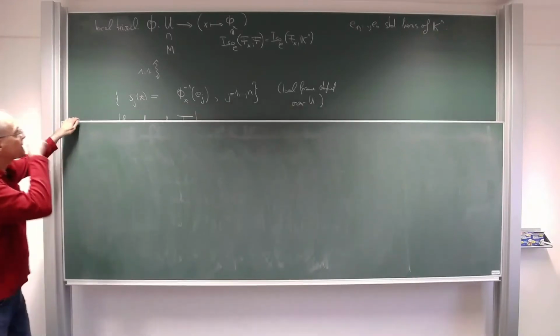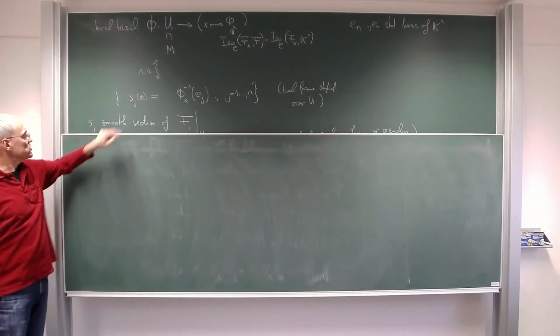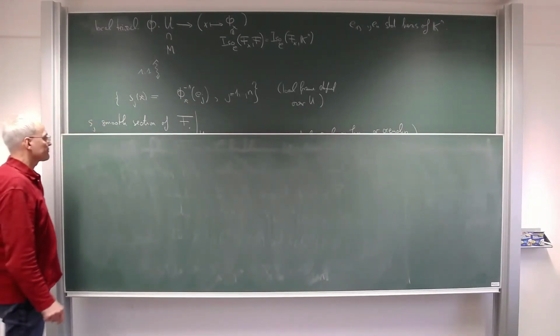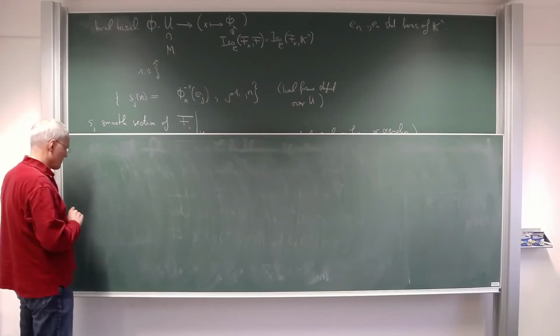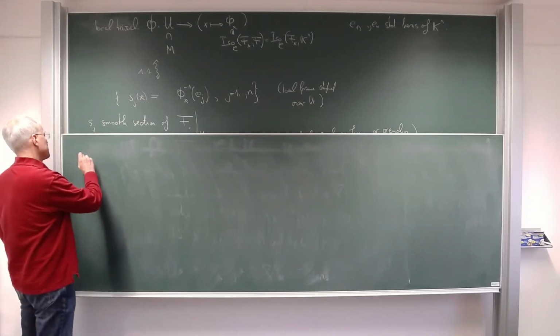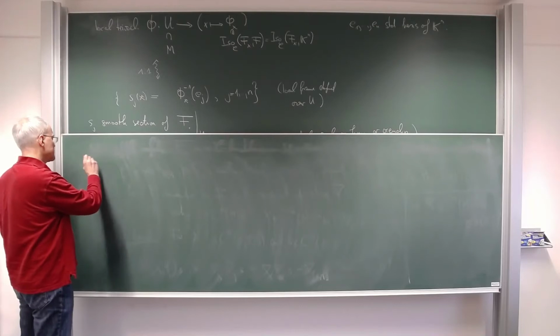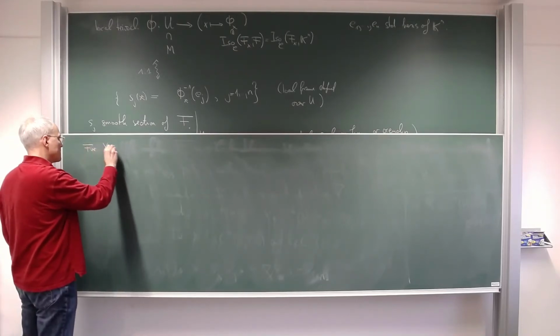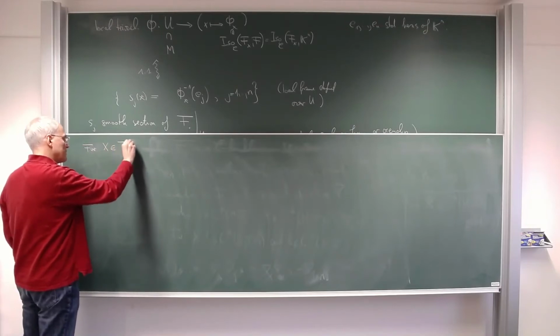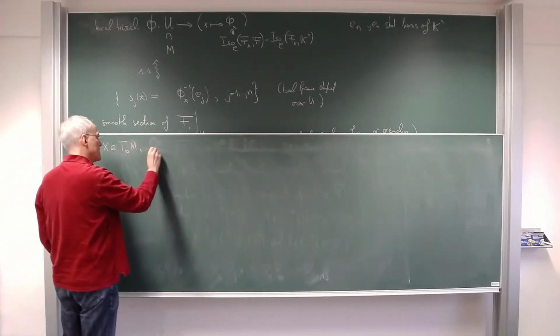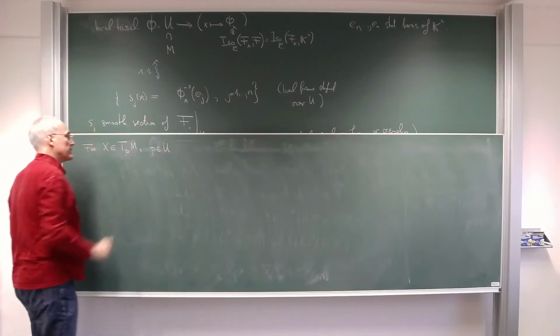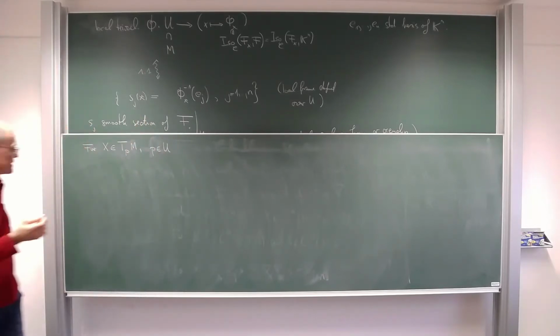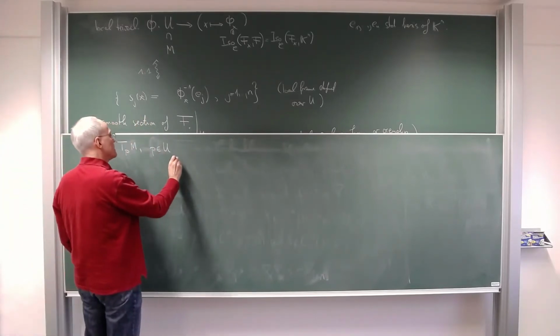So let's work with such a local frame, and so what I can now do is, for a tangent vector to the manifold where the point P lies in this set where my frame is defined, or my trivialization is defined.